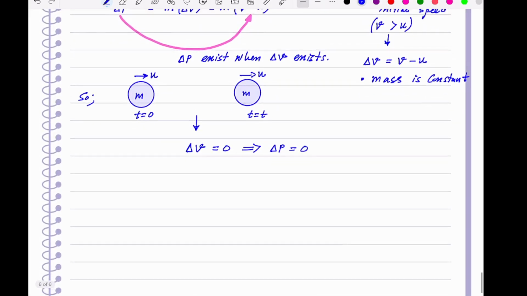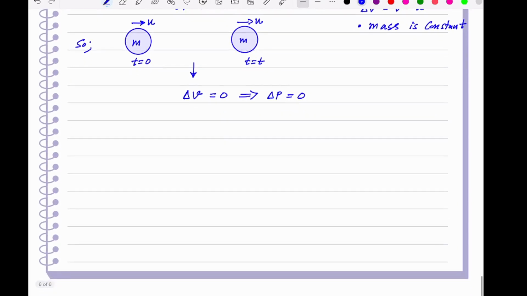Now, summary would be delta p is not equal to 0 when delta v is not equal to 0. So now you can visualize the picture, right? Delta v not equal to 0 means the speed difference exists.